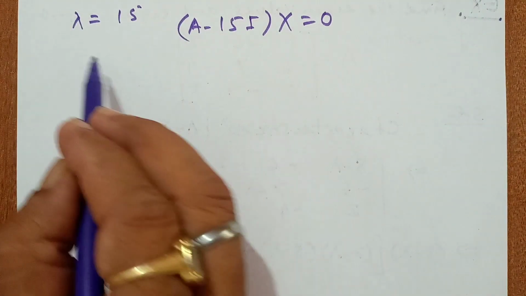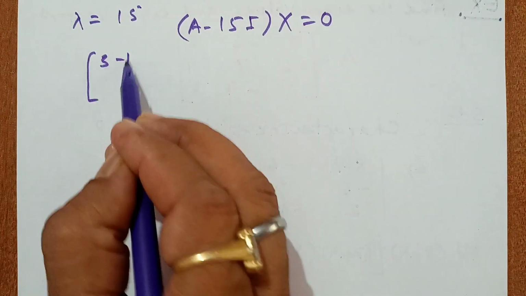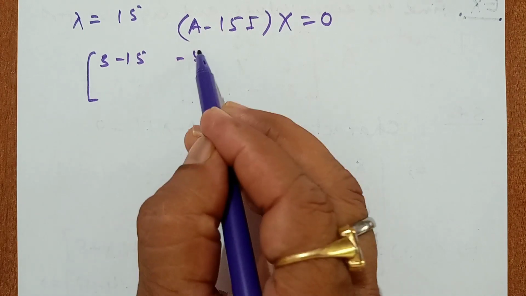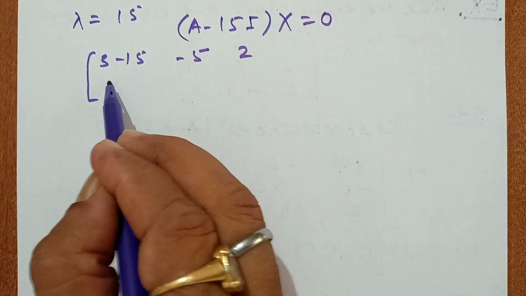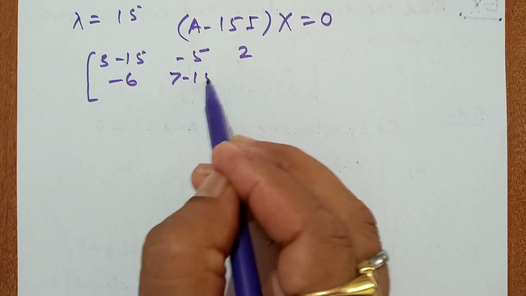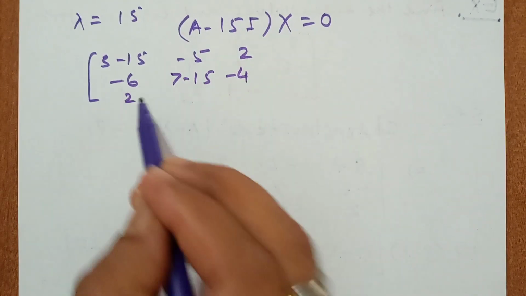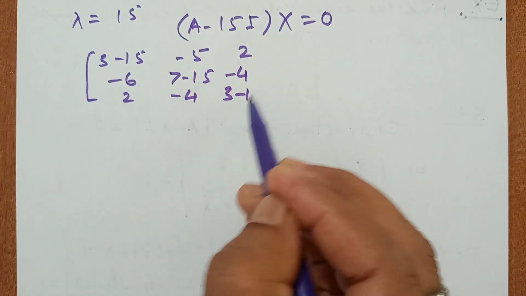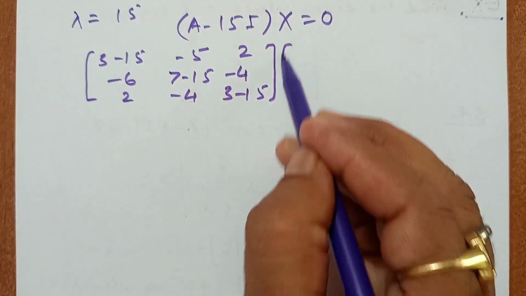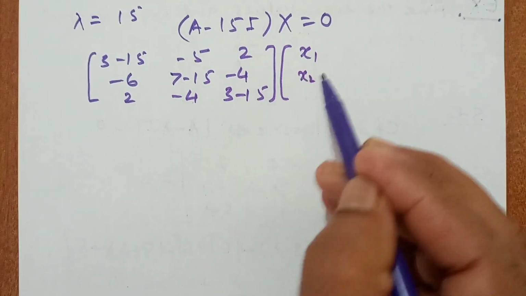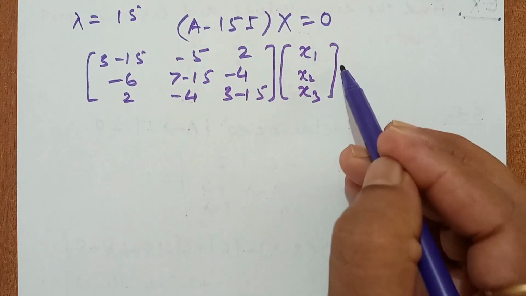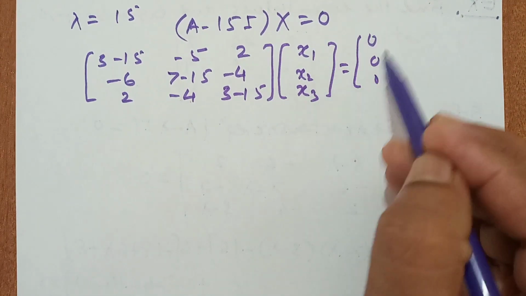So in this case the matrix is 3 minus 15, minus 5, 2; minus 6, 7 minus 15, minus 4; 2, minus 4, 3 minus 15, and this is x1 x2 x3 equal to 0 0 0.